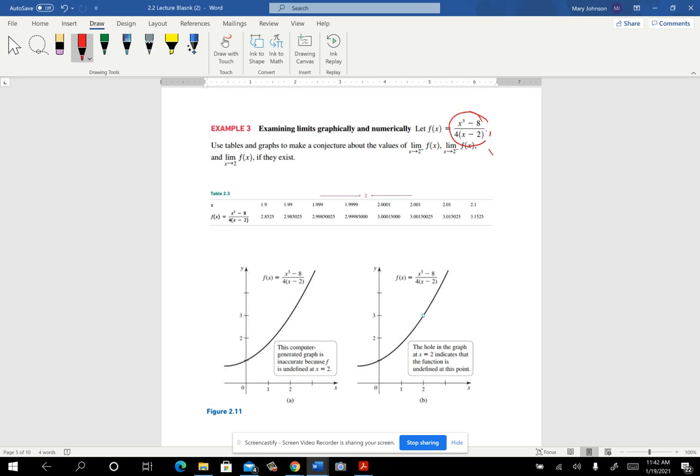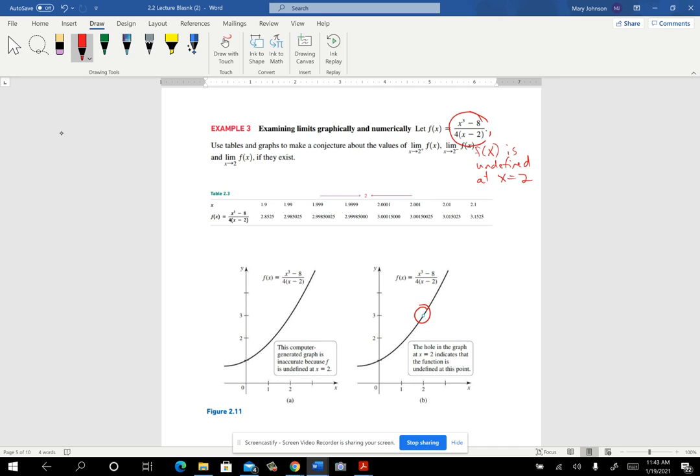So f of x is undefined at x equals 2, because you can't have division by 0. Now, that factor of x minus 2 tells us that at 2, when we go to graph it, something interesting is going to happen. The reason it's just a hole in the graph like that is because there's actually a factor of x minus 2 in that numerator.